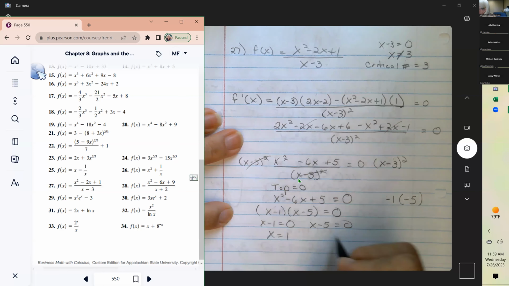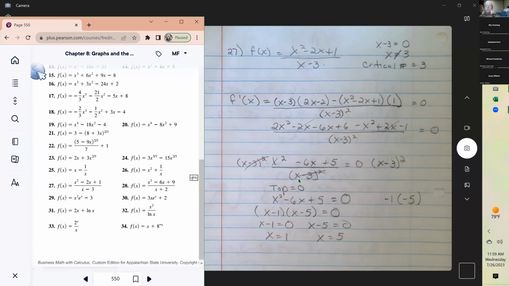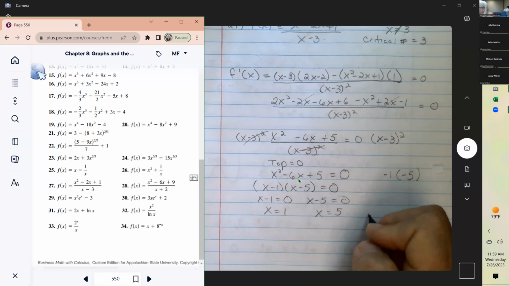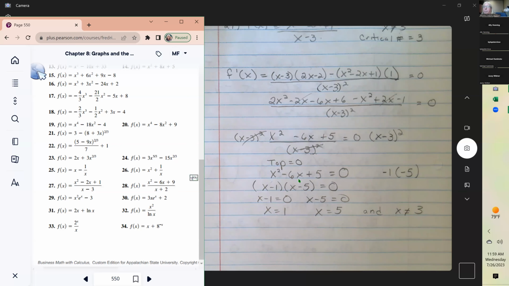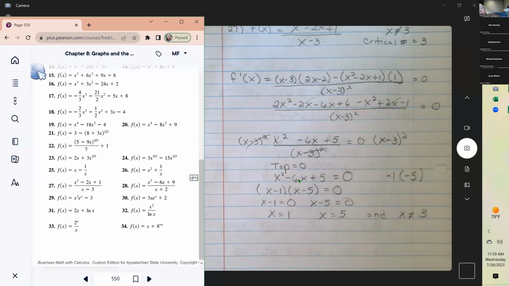X is 1, and so critical numbers are 1, 5, and 3. But 3 is not one we could plug in because it would give us 0 in the denominator. Any questions on that?